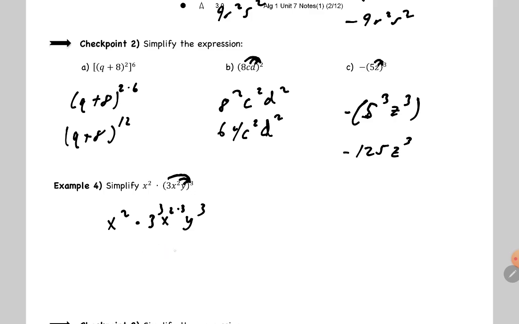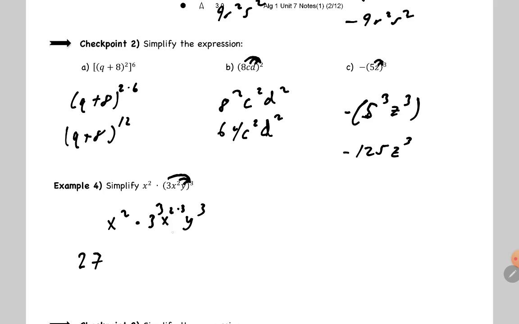So this is basically doing everything. So 3 cubed is 27, and I'm going to put that out in the front. Normally you want to arrange this by numbers out in front. If everything is being multiplied together, numbers out in front, and then alphabetical order, usually. So we can only combine exponents of the same base.